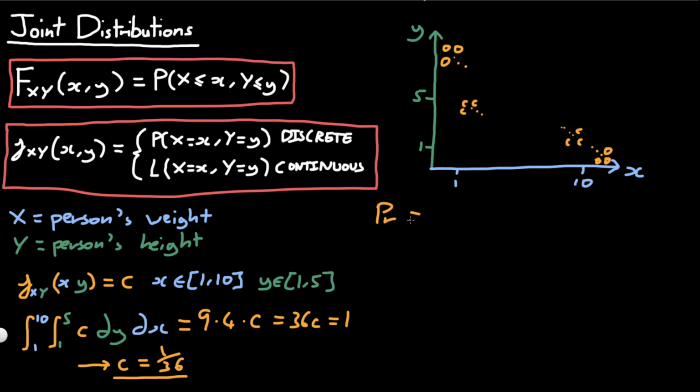And this will be the probability that the person's weight will be in the range 3 and 8. And not only that, but we also want to check, as well as this condition, if the person's height will be in the range, let's say, 2 to 4.5.